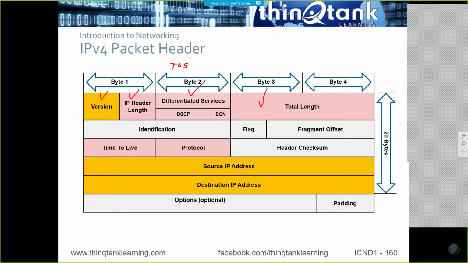All right. The next 3 fields are all directly related to each other. We have identification, flag, and fragment offset. We're not going to spend too much time on these 3 fields. They simply represent whether or not packet fragmentation is going to occur.